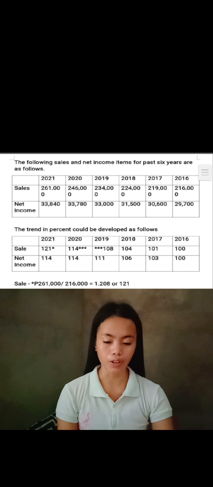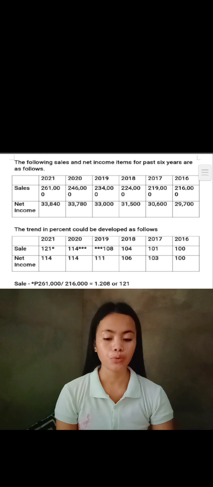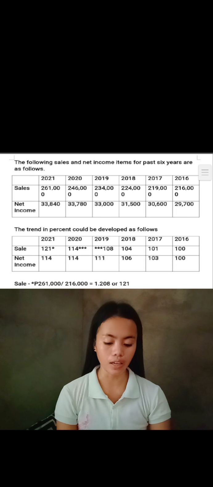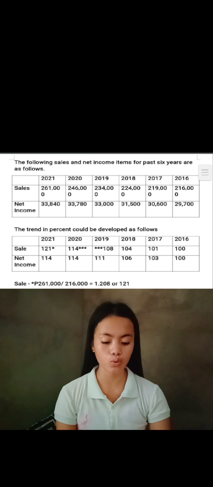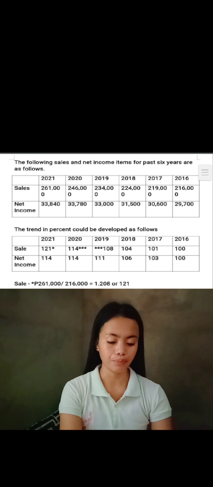For example, 261,000 divided by 216,000 is equal to 1.208, or 1.221.